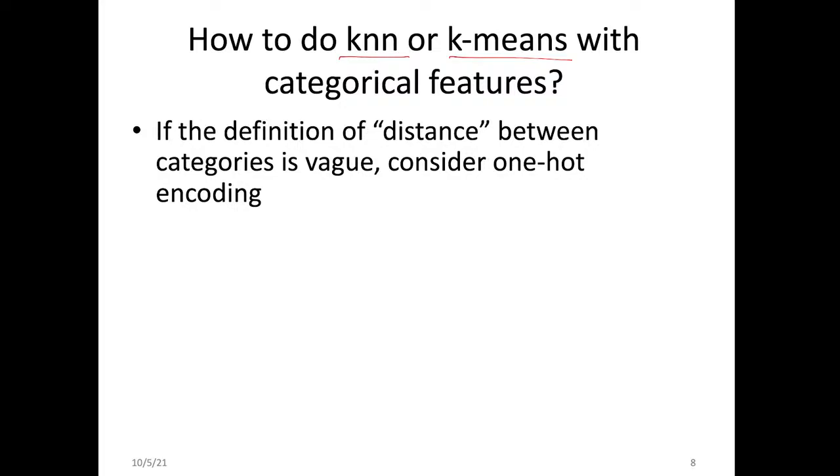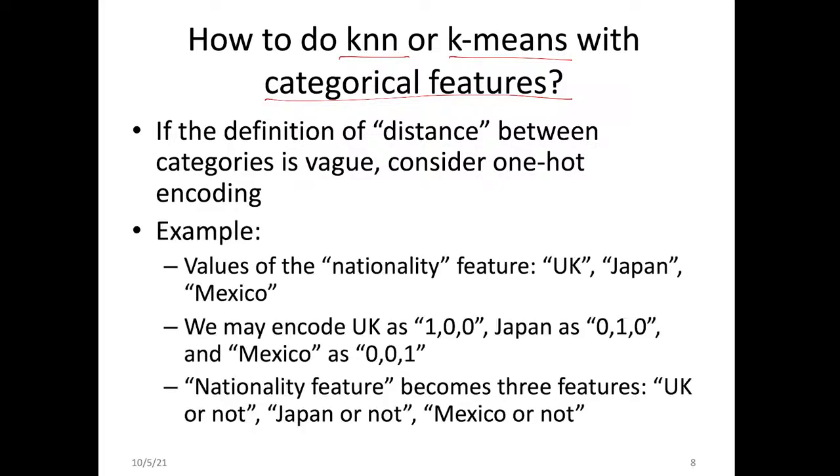So if all the features or some of the features are categorical, then how do we define the distance? It seems that it's not that straightforward. Here we have an example. Let's assume we have a categorical feature called nationality, and the feature values include UK, Japan, and Mexico.